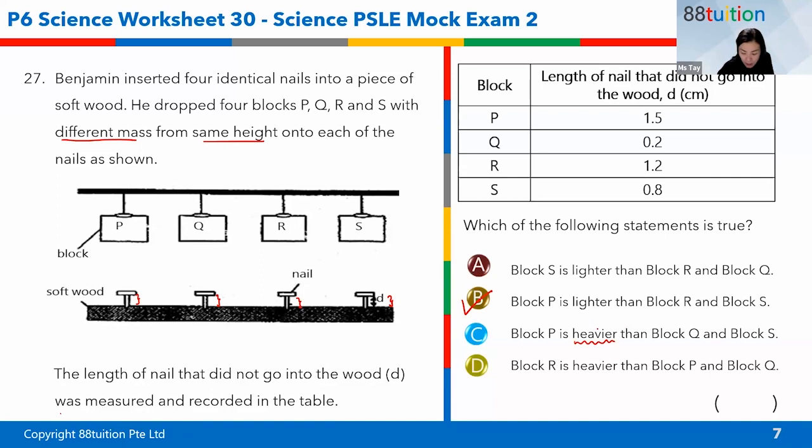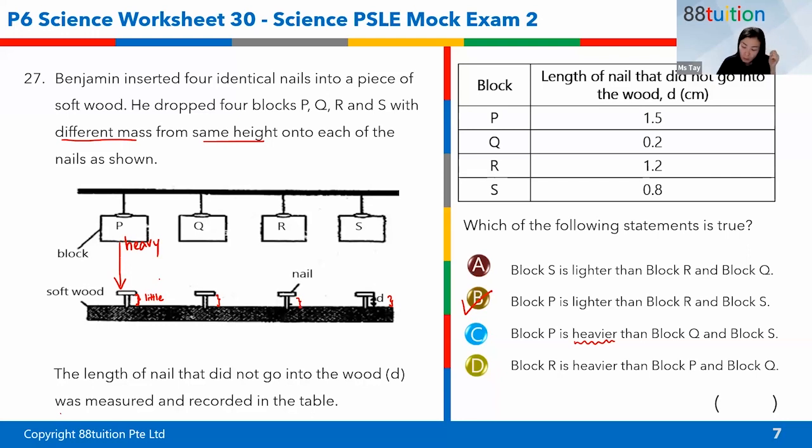If block P is very heavy, when it falls down there will be quite a lot of force due to the mass of that block. The force will be quite large, and you should have very little of the nail height left, so very little of the nail will be seen.